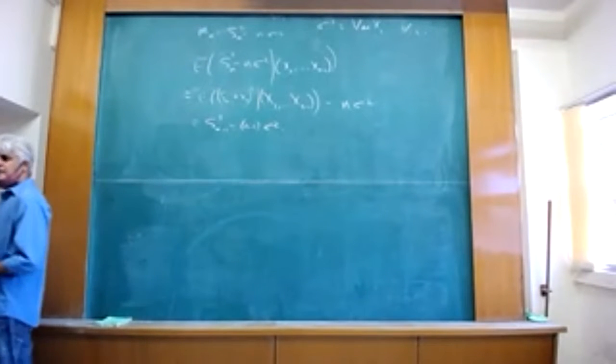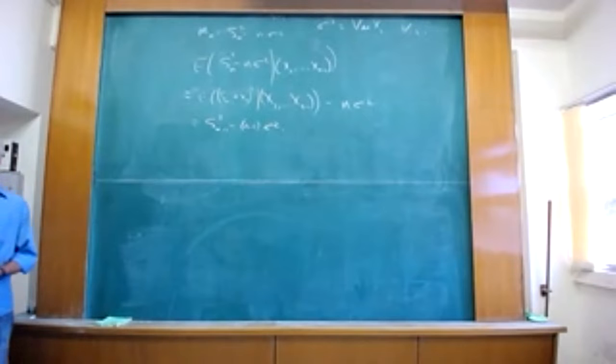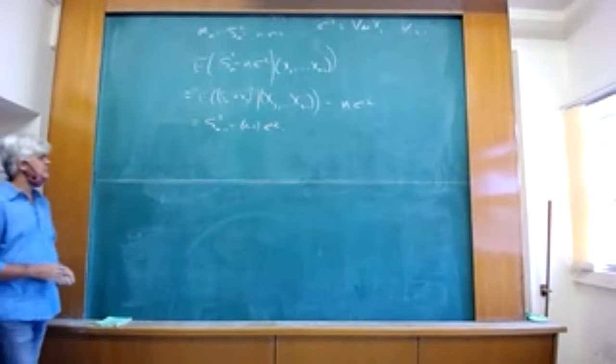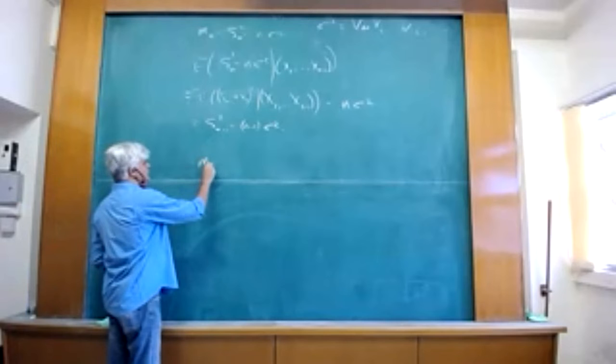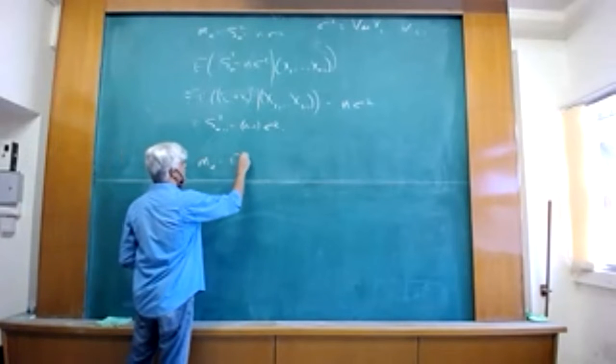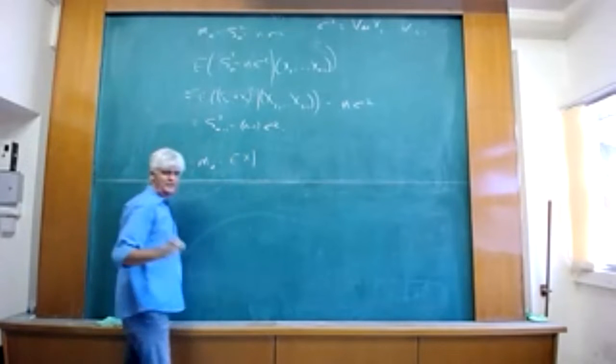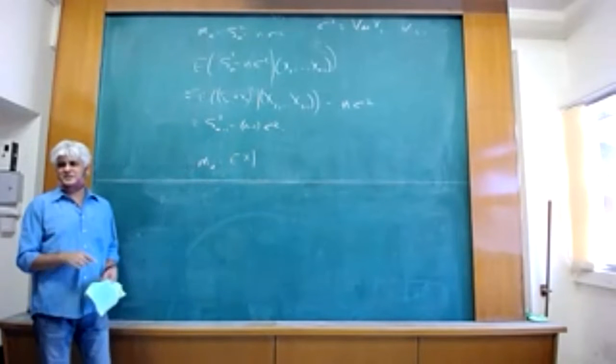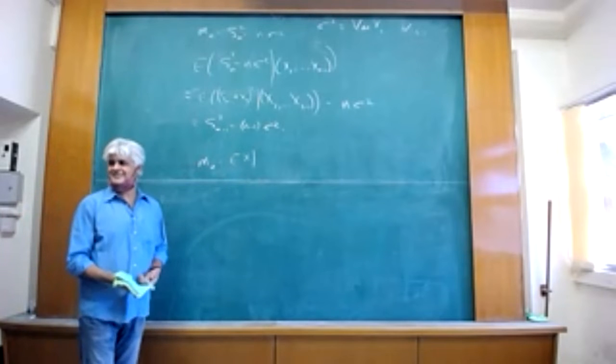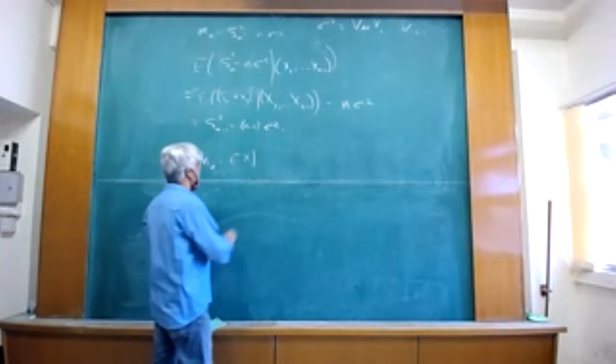Take any random variable X and a sequence Y_1, Y_2, and so on. Let's say M_n equals the expectation of X given Y_1 to Y_n. Let me use sigma algebra before I define that.